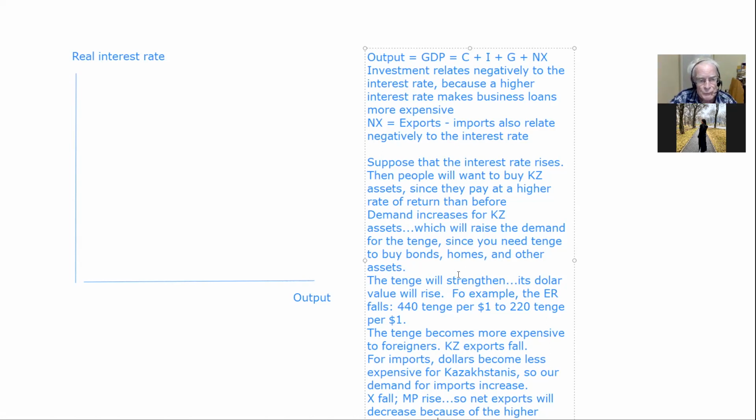Therefore, the tenge appreciates, becomes stronger, and the appreciation will decrease demand for goods expressed in tenge and increase demand in Kazakhstan for goods that are expressed in dollars. The higher interest rate will reduce net exports from Kazakhstan.